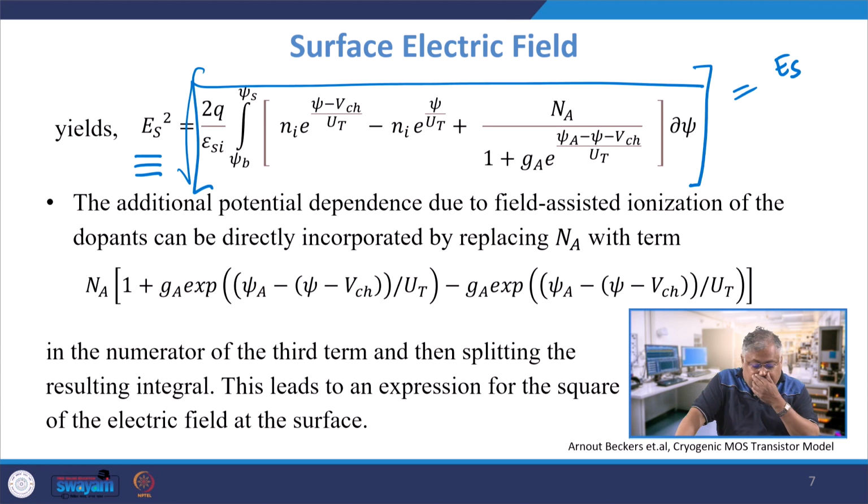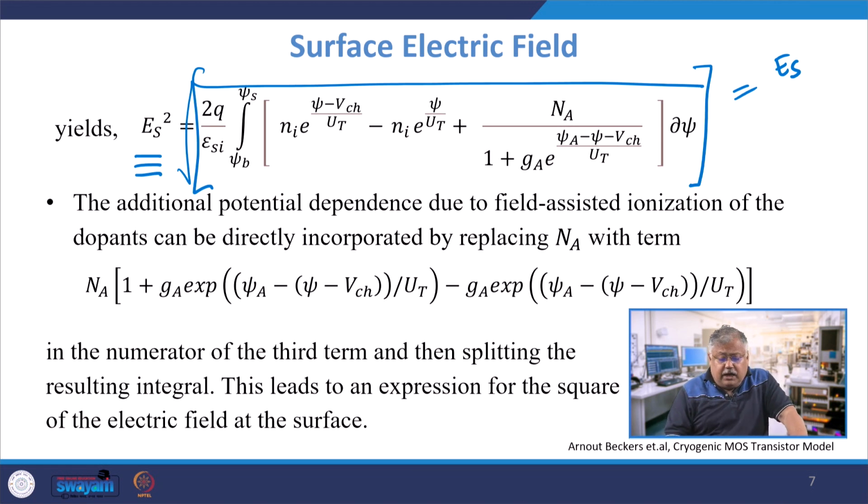Now what we are trying to do here is bring in the field assisted ionization of the dopant species. Till now, when solving the Poisson equation in one dimension, we were assuming that 100% ionization has happened. Now let us say I have field assisted ionization, and this can be directly incorporated into our electric field.